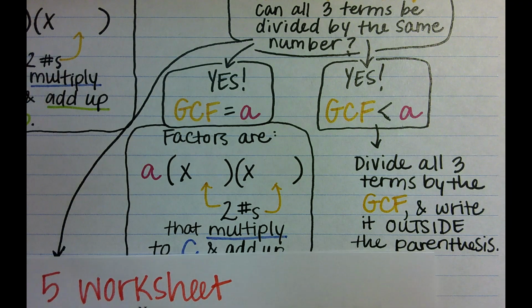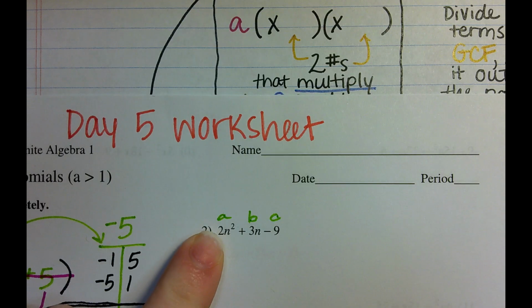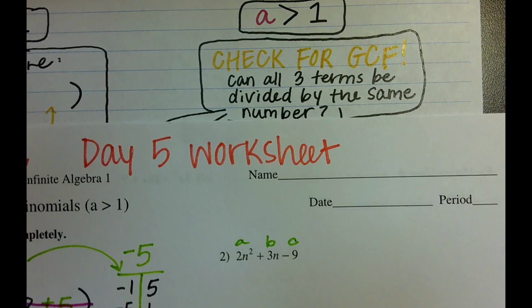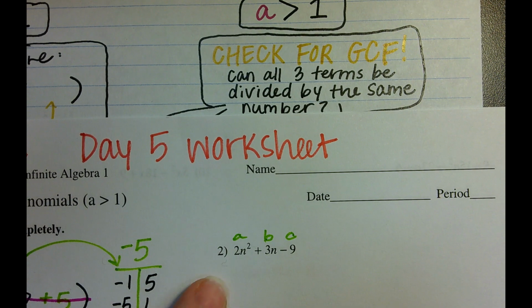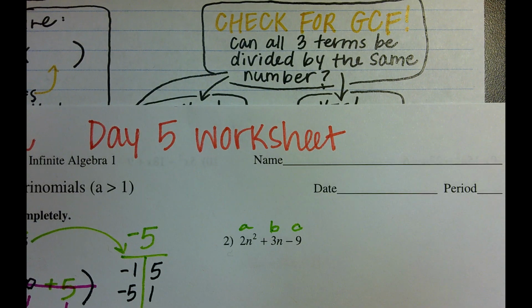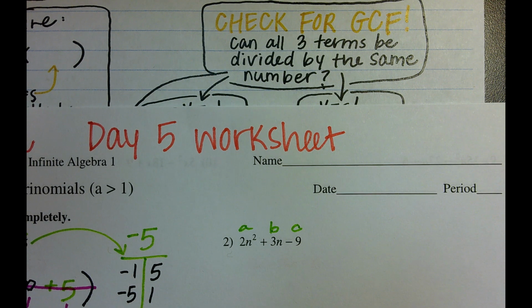It is greater than 1. It's 2. A is 2 in this problem. So, since A is greater than 1, the next step would be to check for a greatest common factor. Is there a greatest common factor? There is not a greatest common factor.